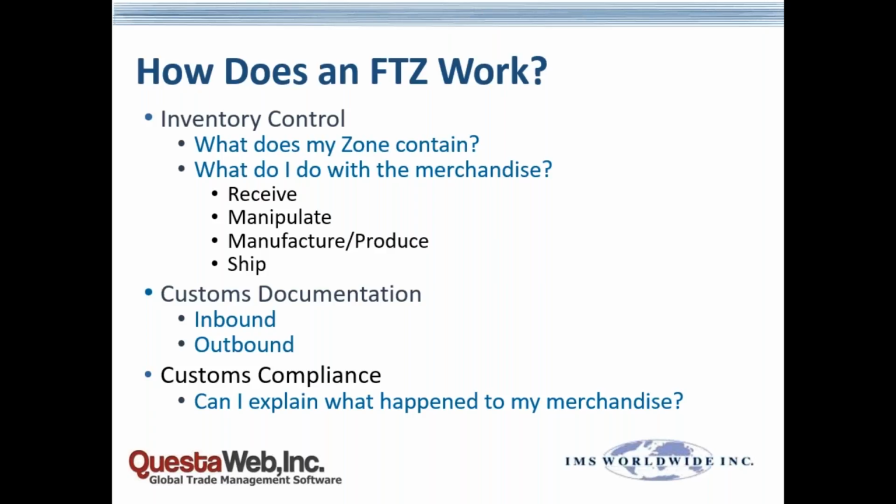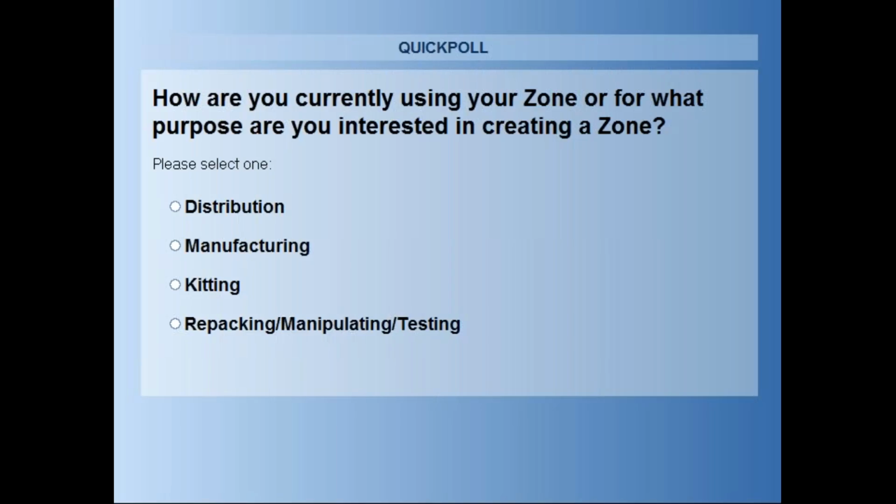Okay, let's gather a little more information from today's attendees on their FTZ use or vision for an FTZ. How are you currently using your zone, or for what purposes are you interested in creating a zone? For distribution, for manufacturing, for kitting, or repacking, manipulating, testing?